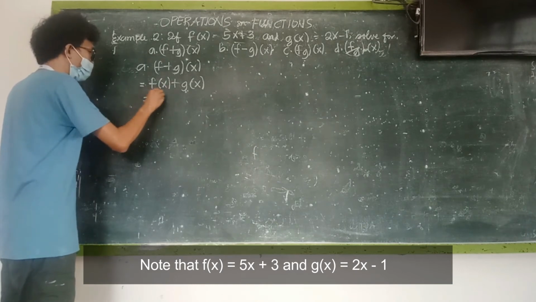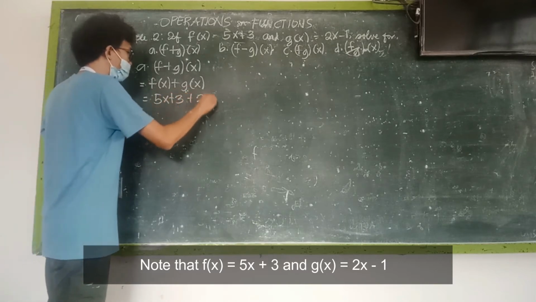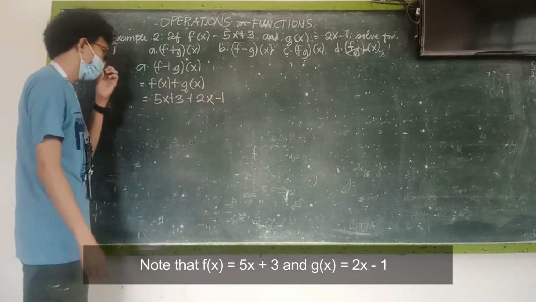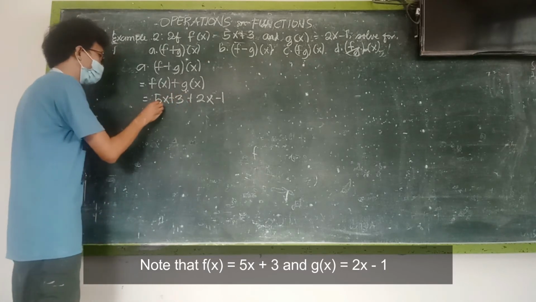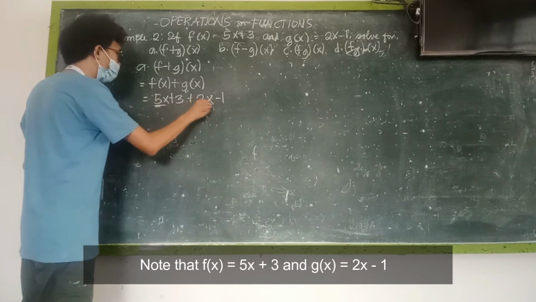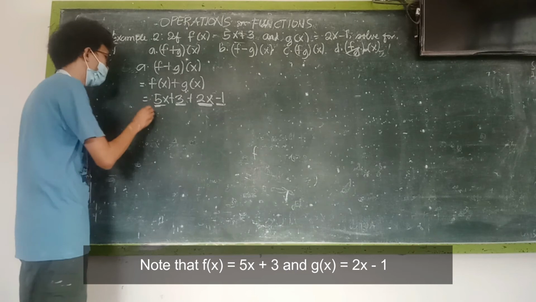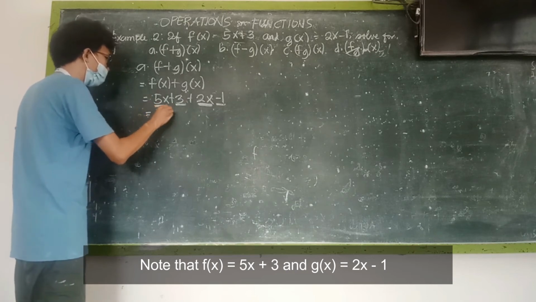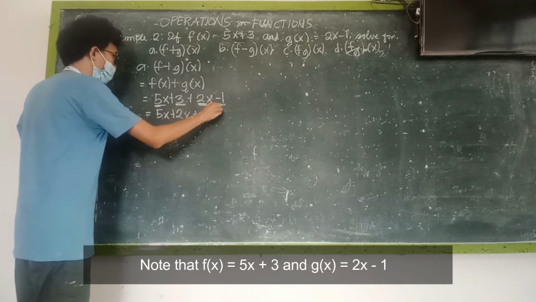So magiging 5x plus 3 plus 2x minus 1. So i-combine natin yung mga like term. So 5x and 2x will be combined. Then yung 3 at saka negative 1, i-combine natin. So magiging 5x plus 2x plus 3 minus 1.